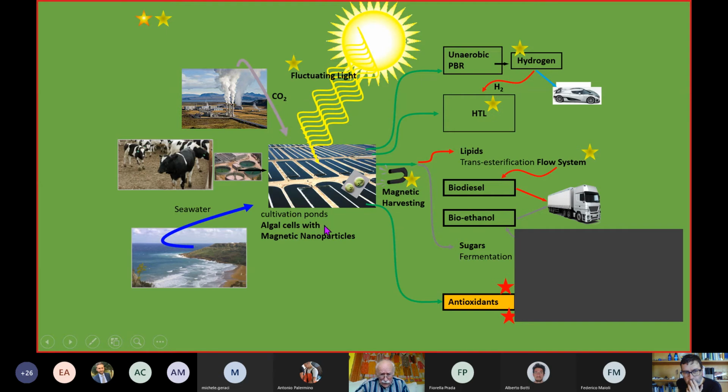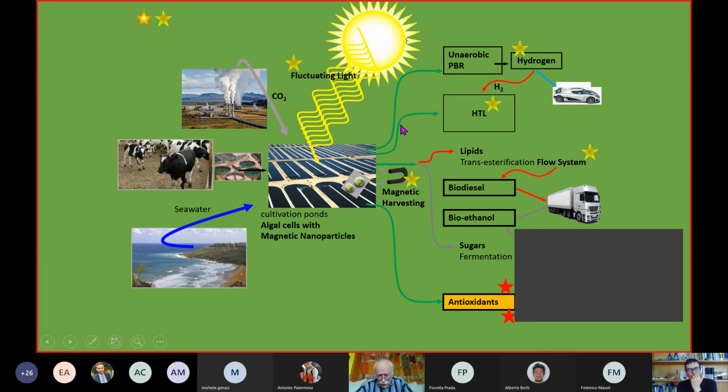Now, we showed that if you find a way to create, instead of constant sunlight, fluctuating sunlight, let's say by the algae going up and down in the ponds, you significantly increase the photosynthetic rate and production. Now, one of the main costs of harvesting the algae is the very process, the energy-intensive harvesting.